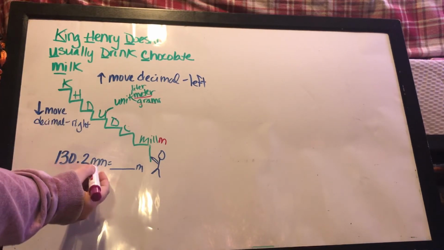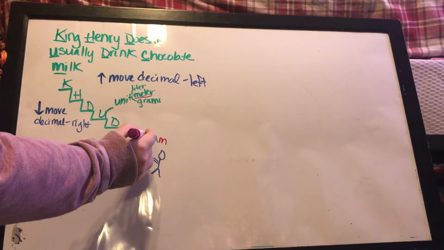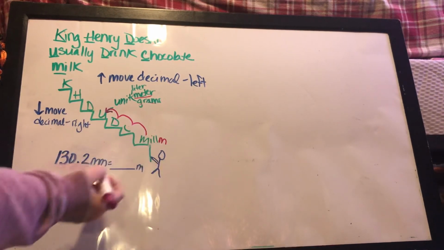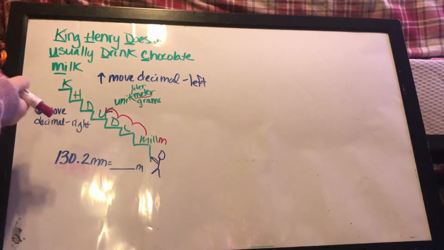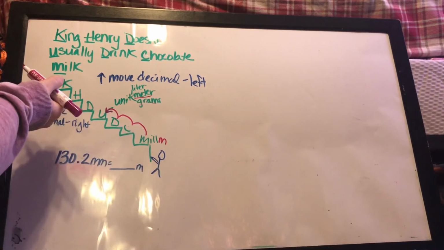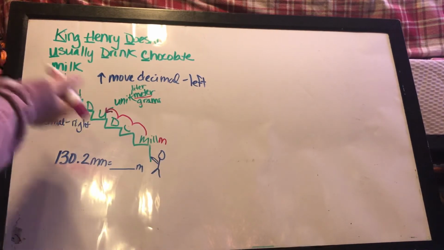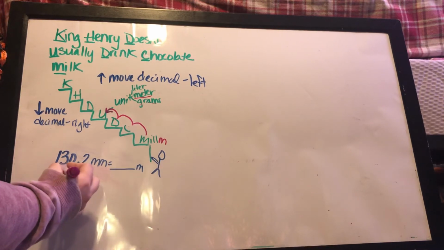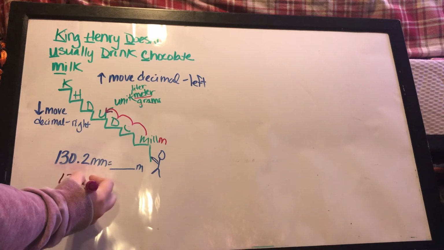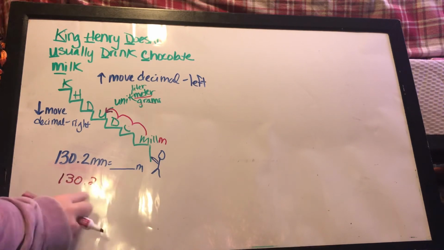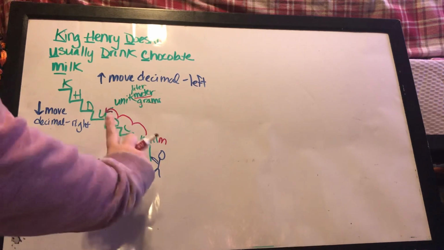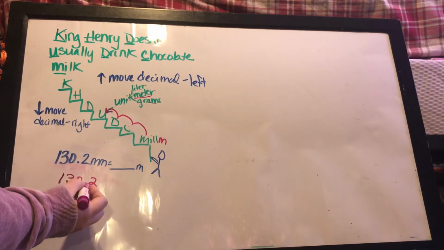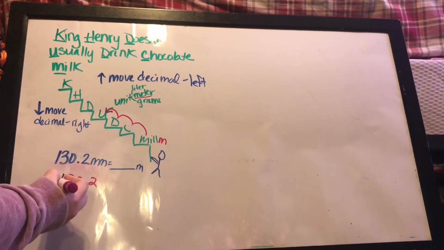Okay, so we're going from millimeter to meter. So we're going up the ladder 1, 2, 3 times. And so that means we're going to move our decimal the same direction. If we go up the ladder, we move our decimal to the left. So I'm going to move this decimal that I have in my answer. It says 130 and 2/10. We're going to move this decimal to the left 3 times because that's how many times we went up the ladder. 1, 2, 3.